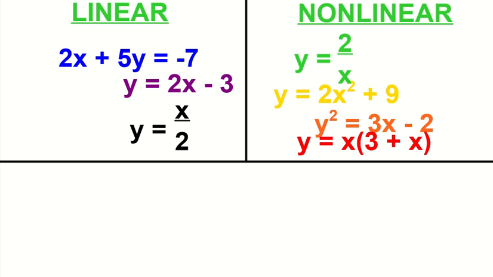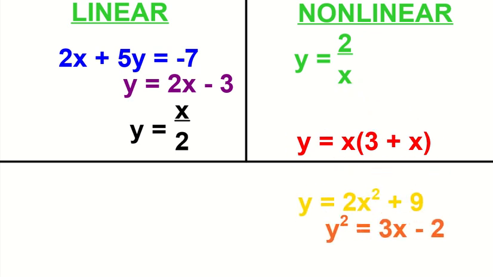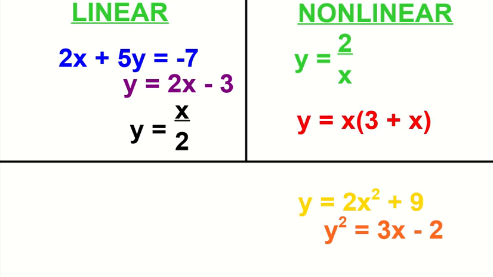the easier thing to do is to look at the nonlinear ones and what makes them nonlinear. Exponents. They can be on the x's, they can be on the y's. If you have an exponent on a variable, that makes it nonlinear. Variables times variables. When we distribute, that'd be x times x. That makes it nonlinear.